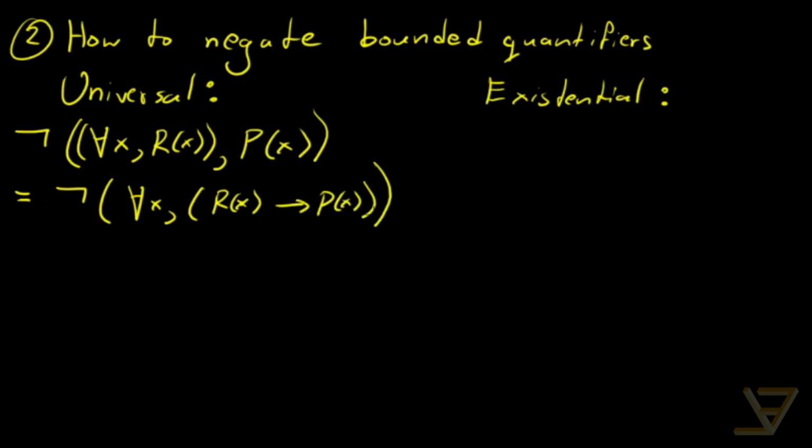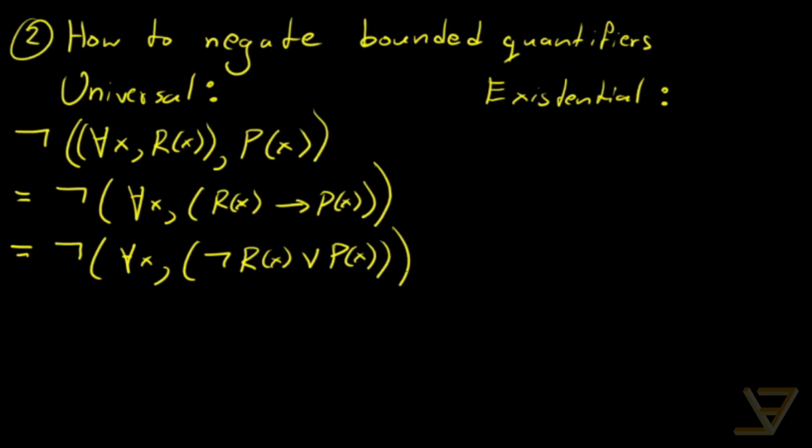And just so that we know exactly what we're doing, we're going to turn this into a disjunction, which is for all x, we have not r of x or p of x. And now we can use De Morgan's law for quantifiers to negate this.